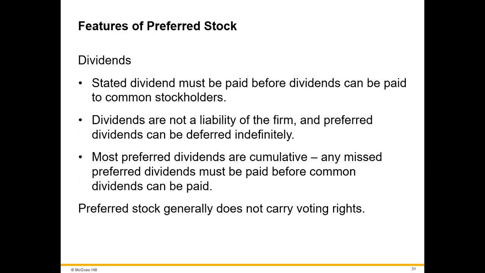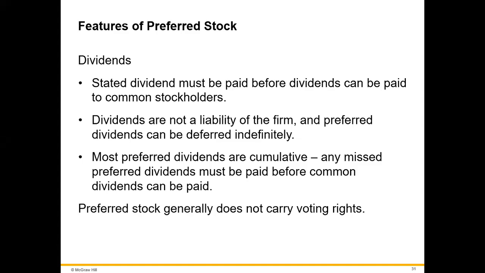However, you know your dividend amount right up front, it's right on your stock certificate. You will receive your dividends first before common shareholders receive theirs. Okay, there's no guarantee you will get a dividend every year because the board of directors is not required to declare one, and that's who decides if a dividend is paid.